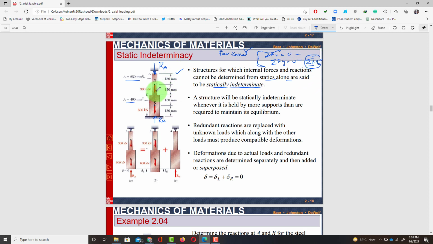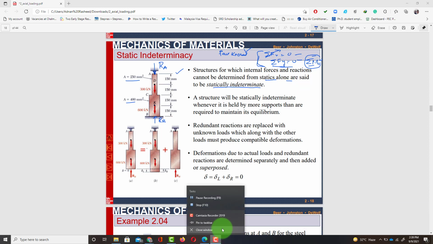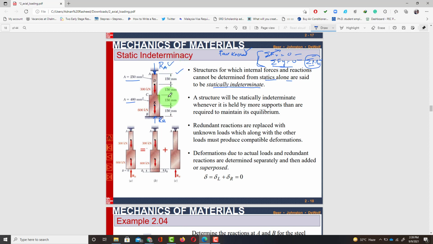use the moment equation in this problem, because if you want to take the moment at point B, K or D or any, all the forces are passing through the same point, so there will be no moment. See? So we can only use one equation, sum of all forces along y direction is equal to 0. Clear? Now if you use this equation, you will have two unknowns and the equation is 1.